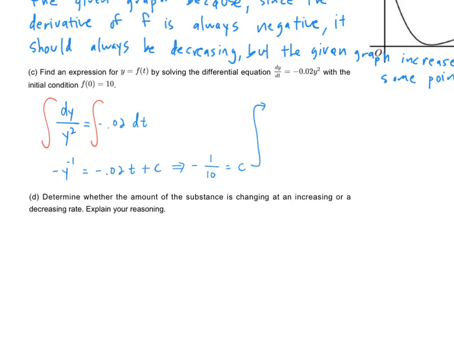And if c is negative 1/10, that means everything's negative, so I'm just going to change everything to positive. So 1 over y equals 0.02t plus 1/10.